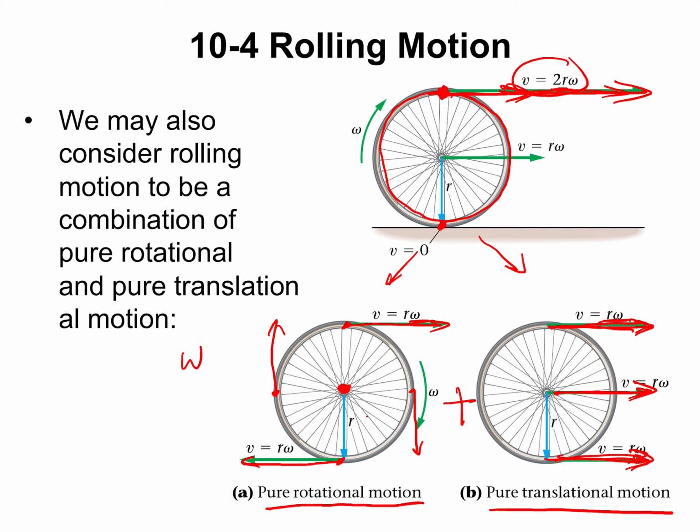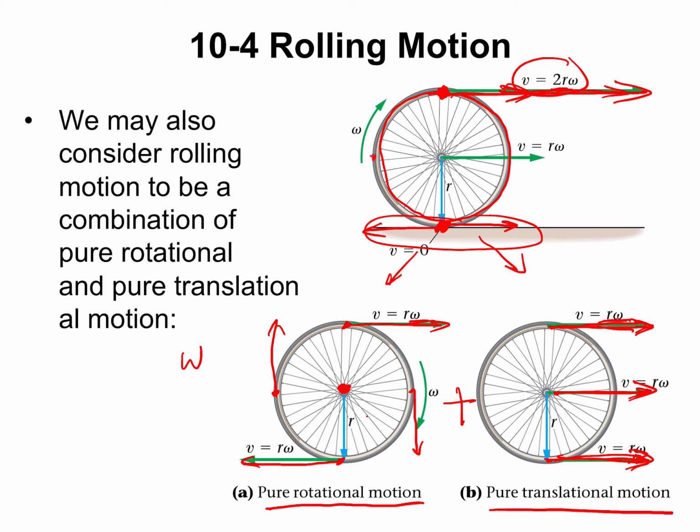The speed from rotational motion is towards the left, and the speed from linear motion is towards the right, so they cancel each other. So at this moment, the speed of this point is 0.